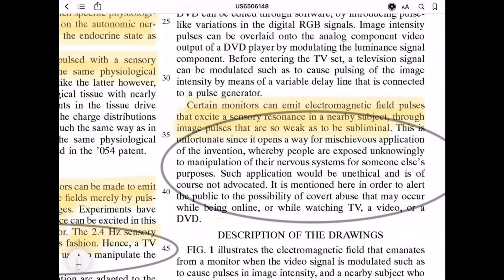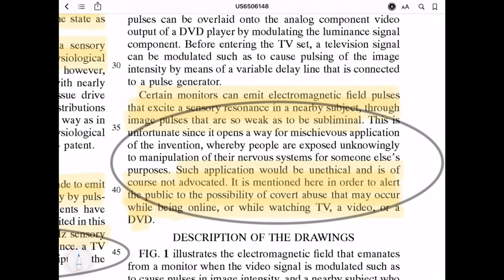It says, this is unfortunate since it opens up a way for mischievous application of the invention whereby people are exposed unknowingly to manipulation of their nervous systems for someone else's purpose. Such applications would be unethical and are, of course, not advocated. It is mentioned here in order to alert the public of the possibility of covert abuse that may occur while being online or while watching TV, a video, or a DVD.